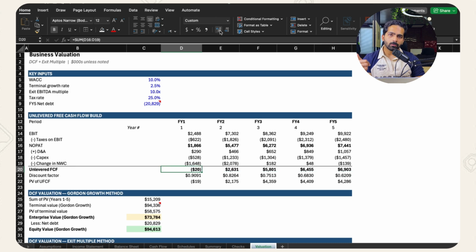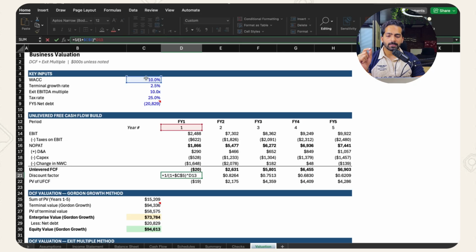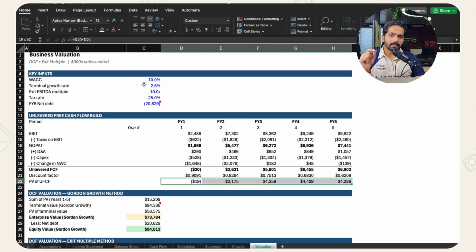After calculating the free cash flow, we use a discount factor based on WACC, which is our discount rate. If we double click on this, you will see we are using a discount rate of 10% to calculate the WACC from here. And then we get the present value of free cash flows. What does it mean? Present value means that your money is going to be worth much less in the future than what it is worth now.